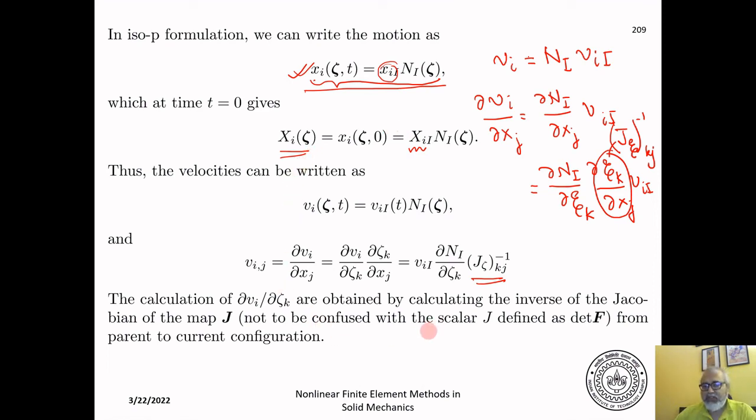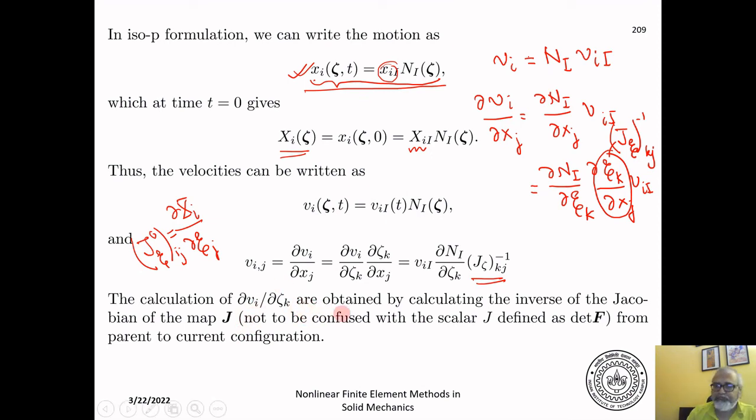This is how we handle the various mappings. And if you have to take derivatives with respect to capital X, then you have to know the Jacobian and its inverse, and the Jacobian would then involve capital Xi. This would be J zeta 0 ij, and that will allow you to take derivatives with respect to capital X.